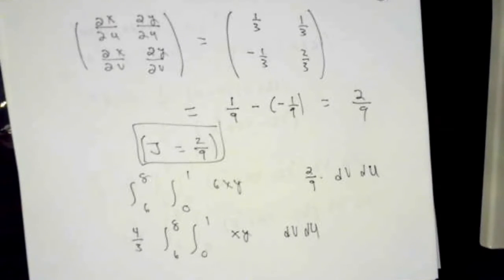I can pull a factor of 6 and a factor of 2/9 out front, giving me 4/3 times the integral from 6 to 8 with respect to u of the integral from 0 to 1 with respect to v of x times y. My remaining difficulty is I have to express x times y in terms of u and v, but I have formulas for x and for y separately in terms of u and v, so that really shouldn't be a big problem.